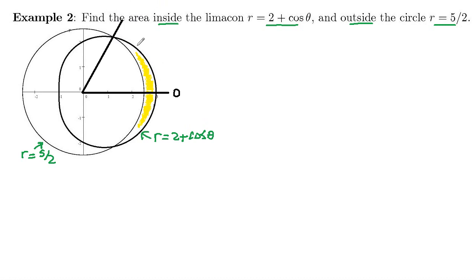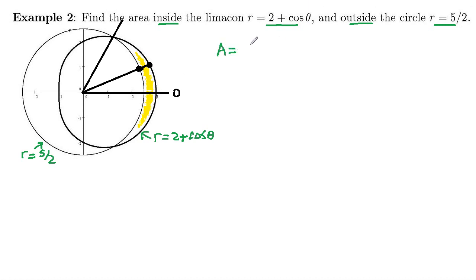So, let's write the expression for this area. When we draw a general radial segment there, we've actually got two endpoints, an outer endpoint and an inner endpoint. So if we want to find the area between things, then we have to use a new formula here.